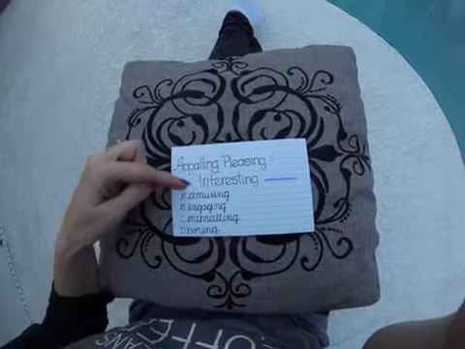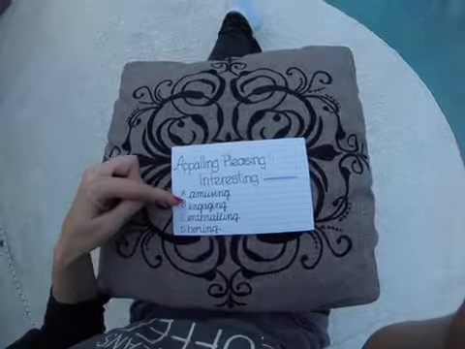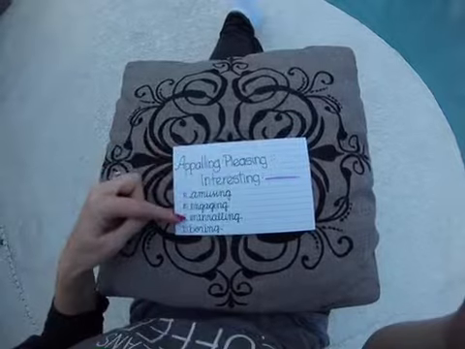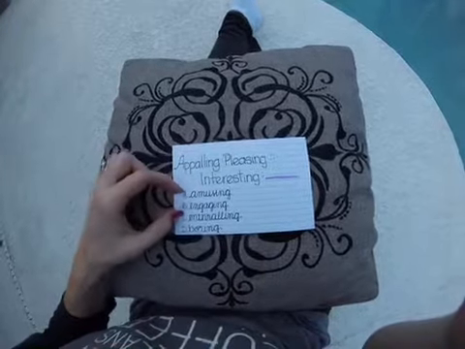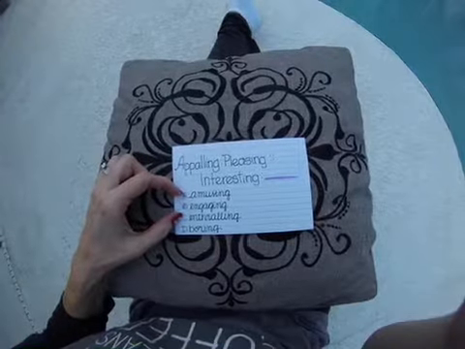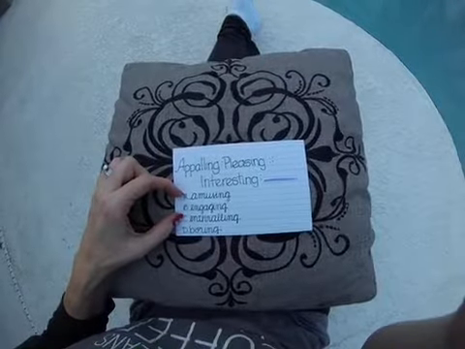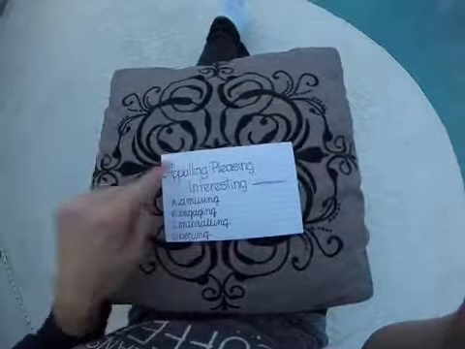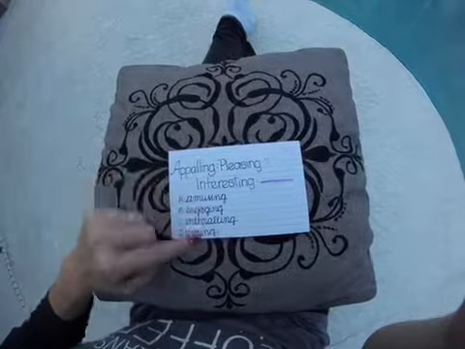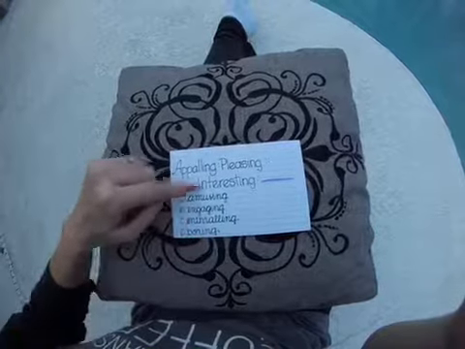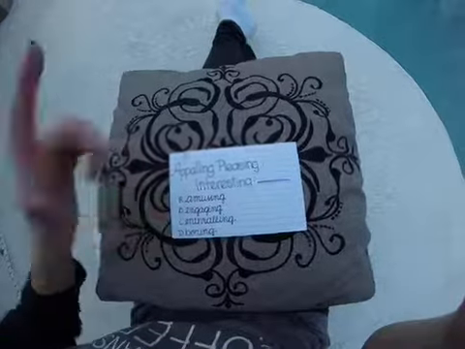Interesting to amusing, interesting to engaging, interesting to enthralling, or interesting to boring. Well, these three things mean the same type of feeling. So even if you didn't know what these words all meant, you do know that these are similar and this one's different. So interesting is to boring. They're opposites.